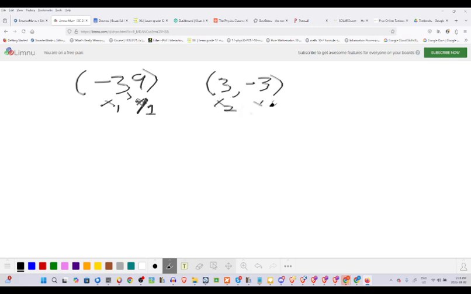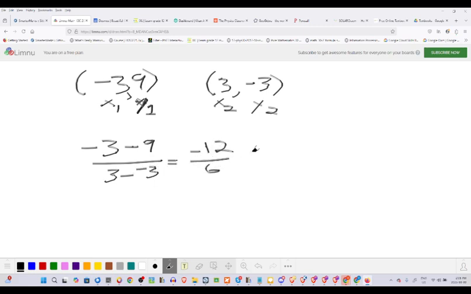x2, y2 here. If we do it that way, our slope is negative 3 minus 9 over 3 minus negative 3. That's a negative 12 over 6, which is negative 2. Had we arbitrarily chosen to do it the other way around, we'd have 9 minus negative 3 over negative 3 minus 3.